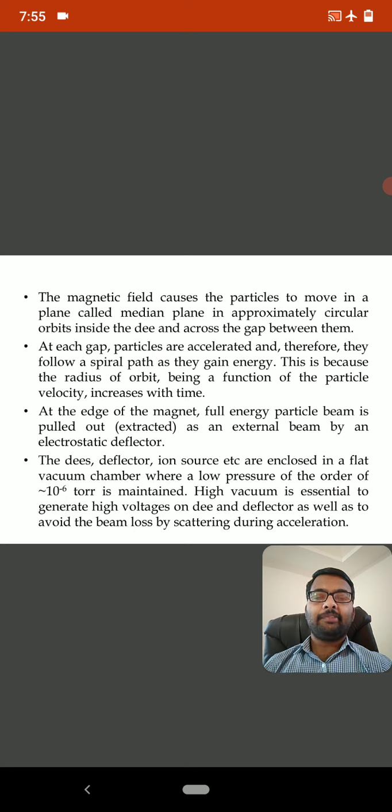Because of the increase in velocity, the energy also increases, because the kinetic energy is given by the expression half mv square. So energy is directly related to velocity. So when velocity increases, the energy also increases. So at each gap the particles are accelerated and therefore they follow a spiral path as they gain energy.